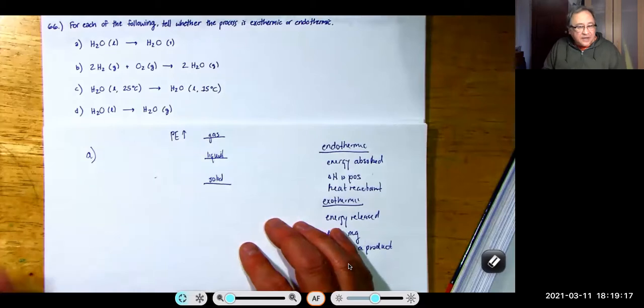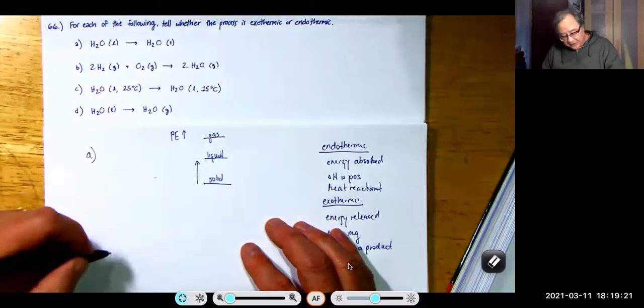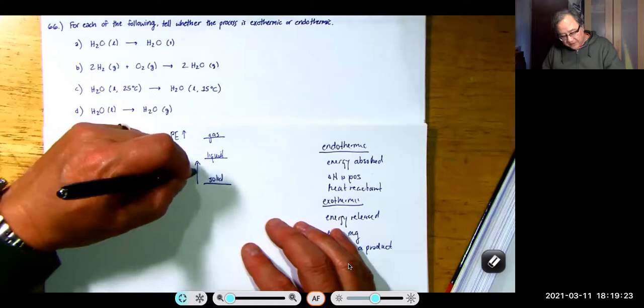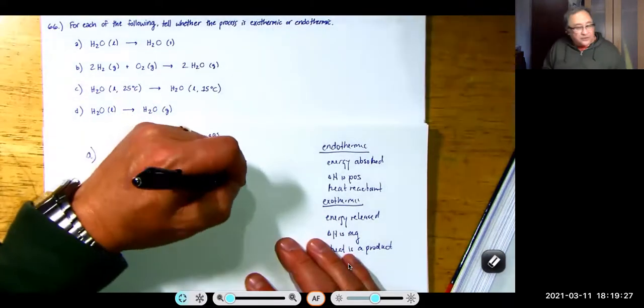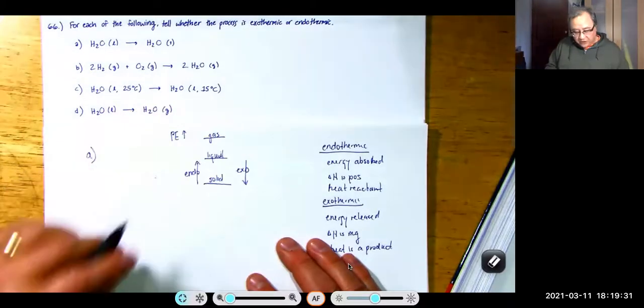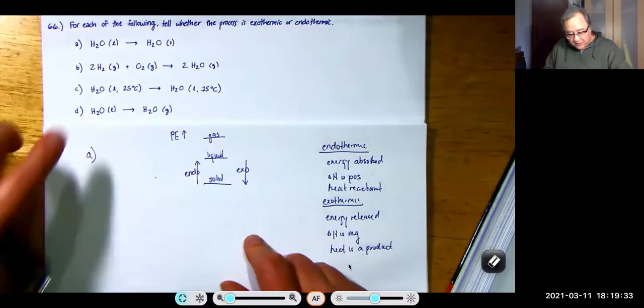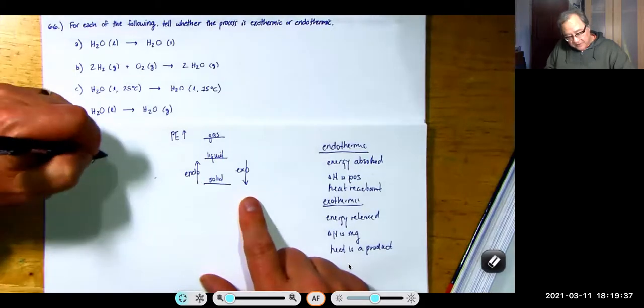How do you get something to have higher potential energy? You have to put energy in, which is endothermic. So in that direction is endothermic. So what does the opposite direction mean? It means exothermic. So if we take a look here, we're going from a liquid to a solid. This is going to be exothermic.